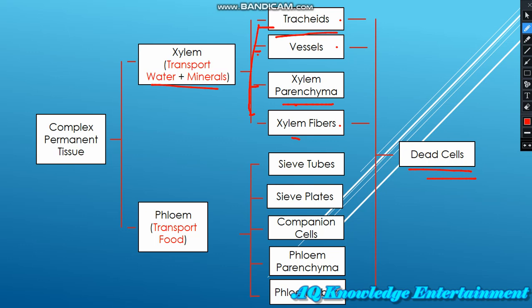So the roots also have the xylem tissue. So the xylem transports water and minerals from the bottom to the upper side. Now why do you think they go only from the bottom? Because these minerals and water are present only at the bottom. So they are basically provided from the bottom to the upper part of the plant.